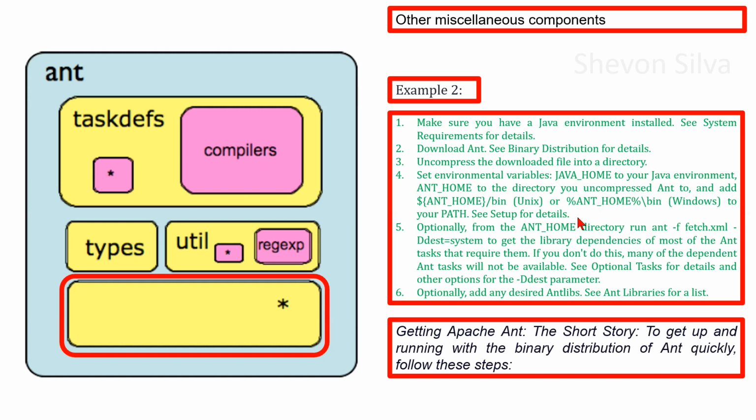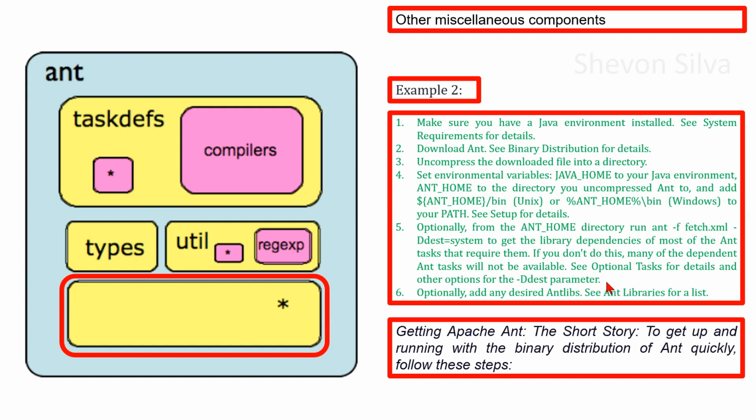Step 4, set environment variables: JAVA_HOME to your Java environment and ANT_HOME to the directory you uncompressed Ant to, and add ${ANT_HOME}/bin in Unix, or %ANT_HOME%/bin in Windows to your path.